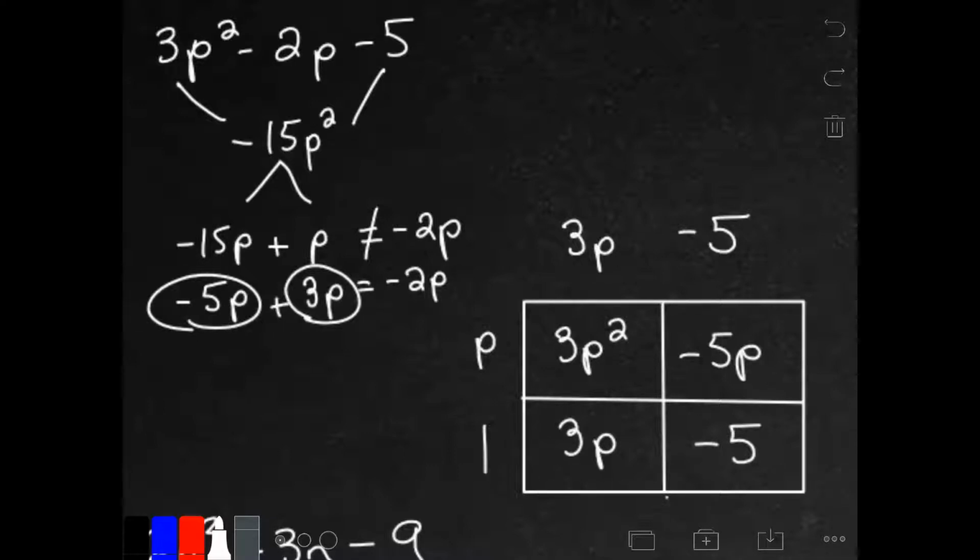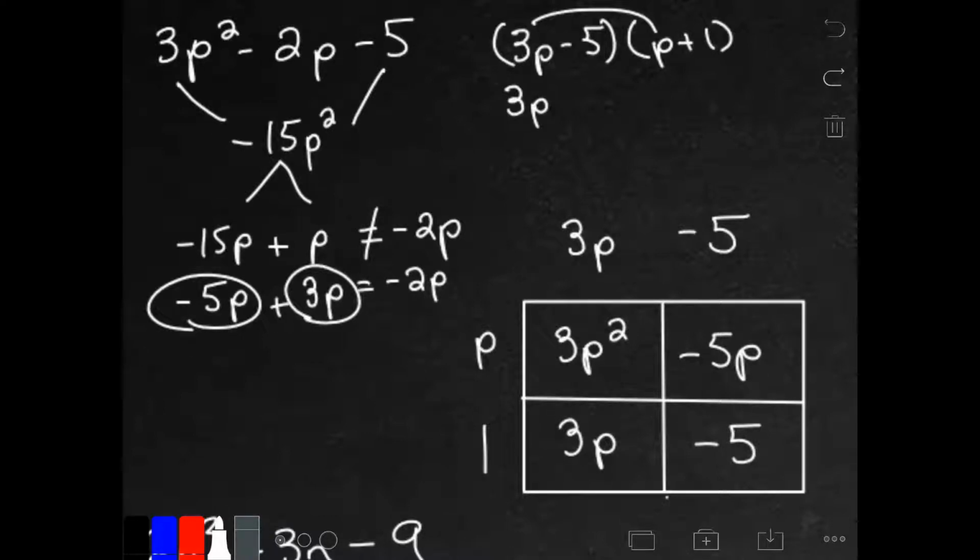So let's go ahead and rewrite our factors as the product of two binomials. So 3p minus 5 and p plus 1. If I'm not sure that that's my answer, I can always multiply to do a check. So 3p times p is 3p squared. 3p times 1 is 3p.